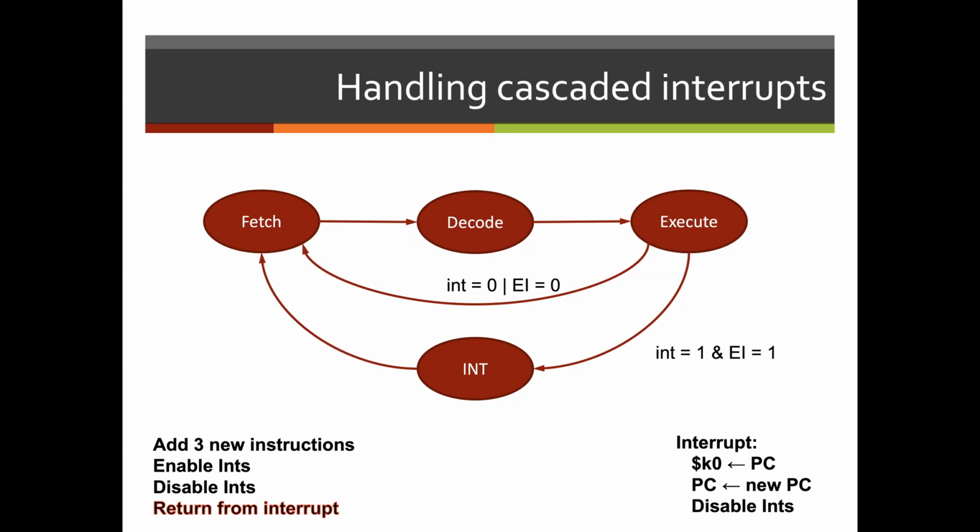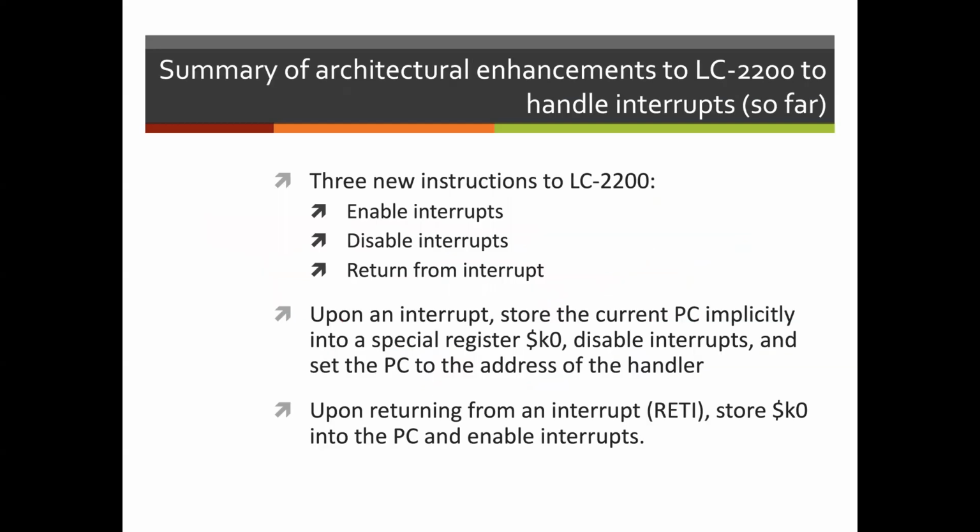And so during the interrupt microstate, we store the value in the program counter to K0. We have a new program counter value that gets stored into PC, and then we are able to disable interrupts. And so this way we've been able to introduce a number of useful enhancements. Specifically, we have appropriate instructions that enable interrupts, disable interrupts, and also return from interrupts.